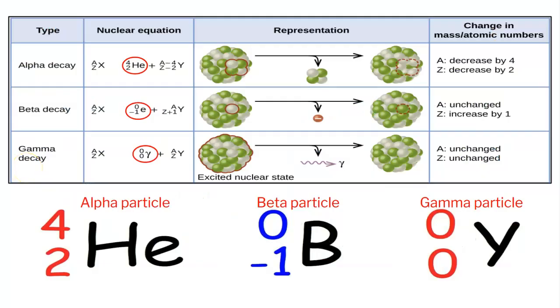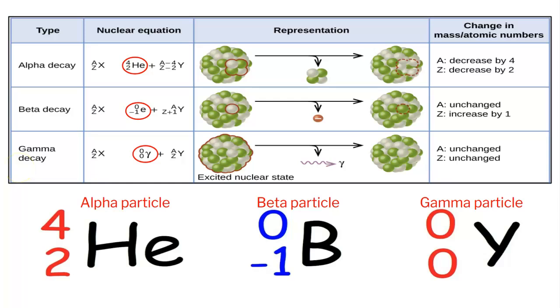So again, quick overview. Alpha decay has an alpha particle, which is helium-4 with atomic number 2. Beta decays release beta particles, which is 0, -1, e, or it can also be shown by a capital B. Gamma decay is 0, 0, and it's that cursive looking gamma.